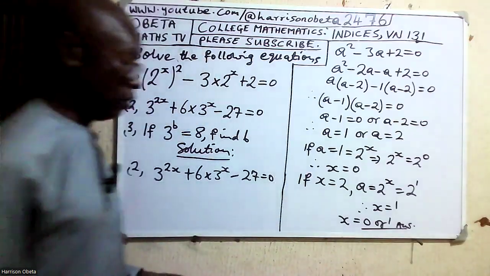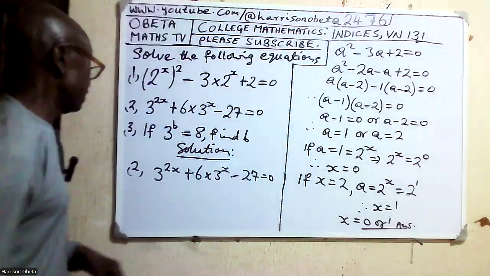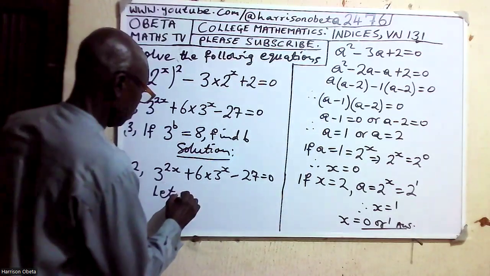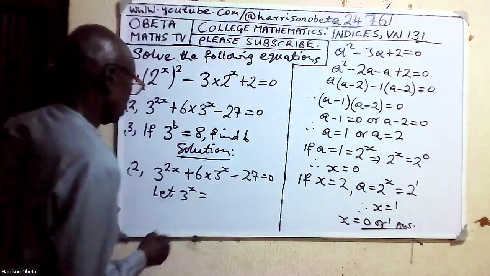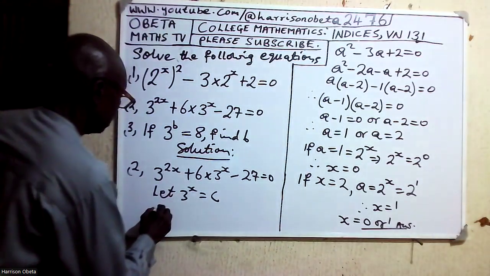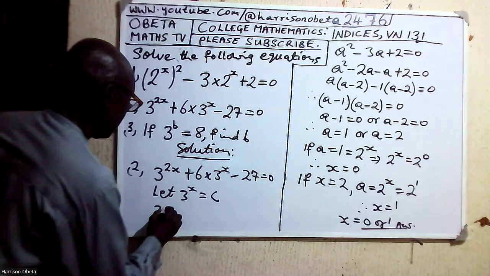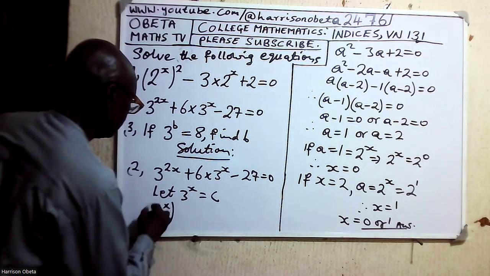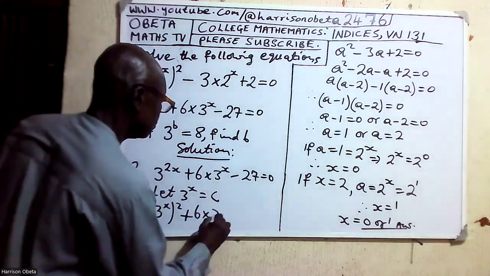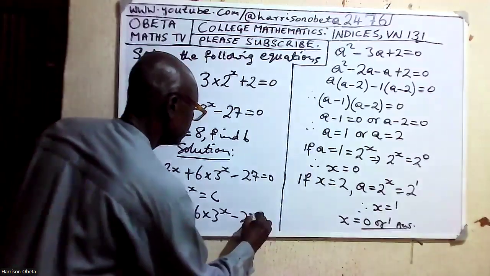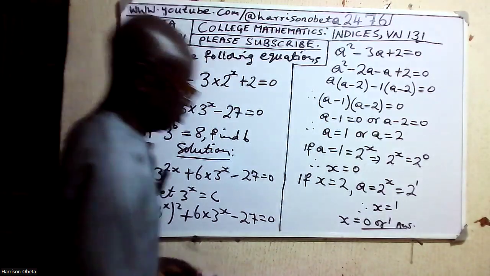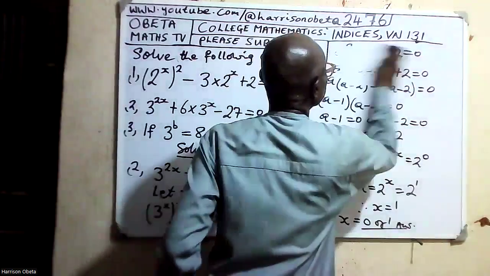Again, we apply the same method, and that means we let 3 raised to x equal c, for instance, so that we have 3 raised to x, squared, plus 6 times 3 raised to x minus 27 equal to 0. Now, in continuation, come over here.